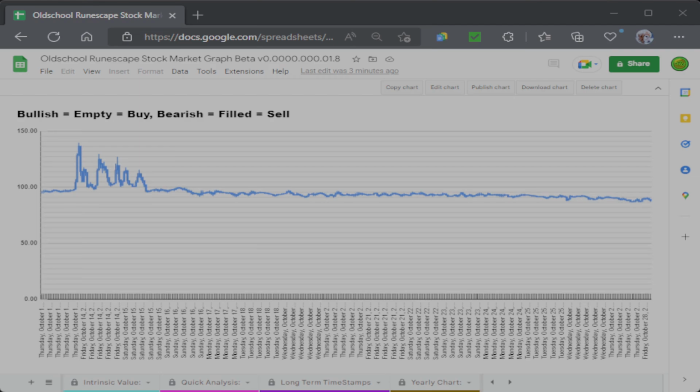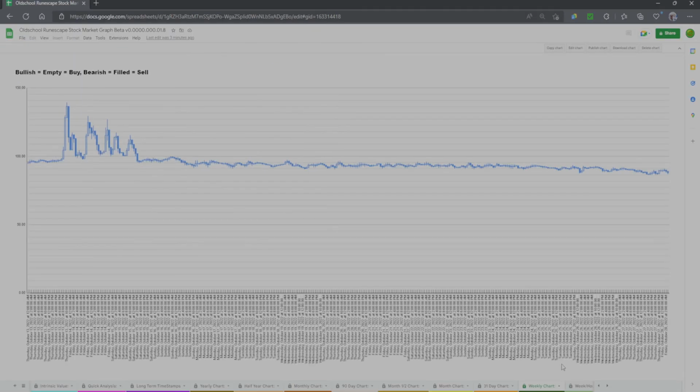Let's see what else. Hold on, let me just get on my other account. Okay, let's see. So this is the weekly chart again. This is based on hours, and it's pretty darn accurate.